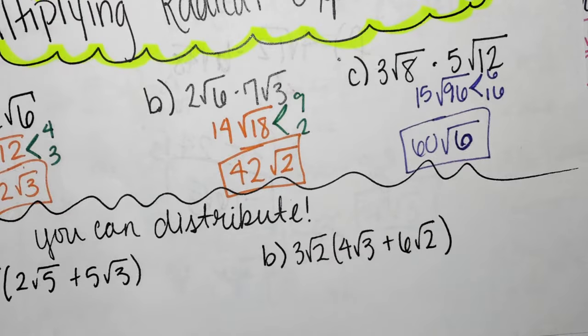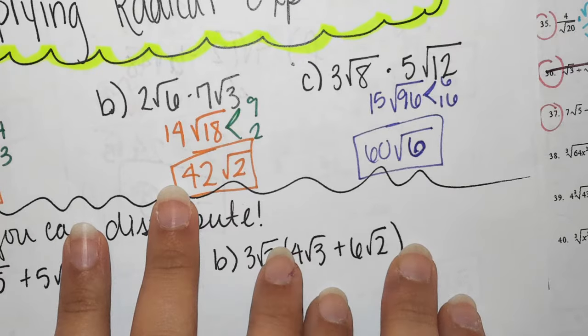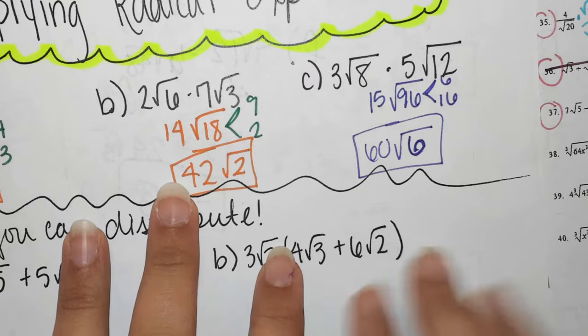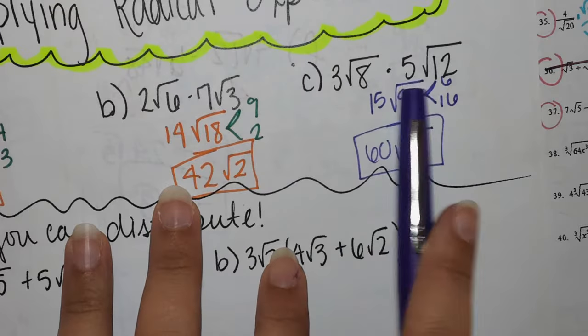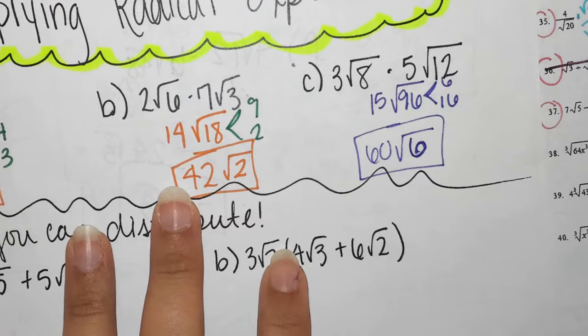You take the square root of 16 and you get 4. 4 times 15 is 60. Miss Asbury, what happened? Oh, I see what it did. I got 31 square root 6. Did you do 3 times 5? Yes, 15. And then did you do 15 times 4?